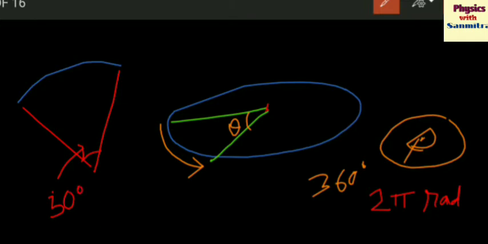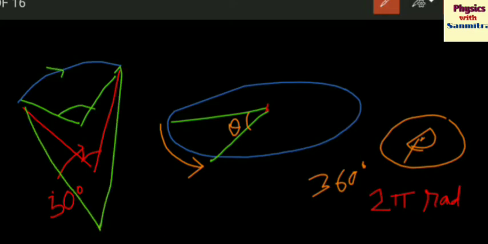Now let me take another point like this. This will be more than 30 degree, right? Suppose I take it at a greater distance, then this will be less than 30 degree. Say this is 40 degree and this is 20 degree. So it depends on the distance, the point at which we are finding the angle.